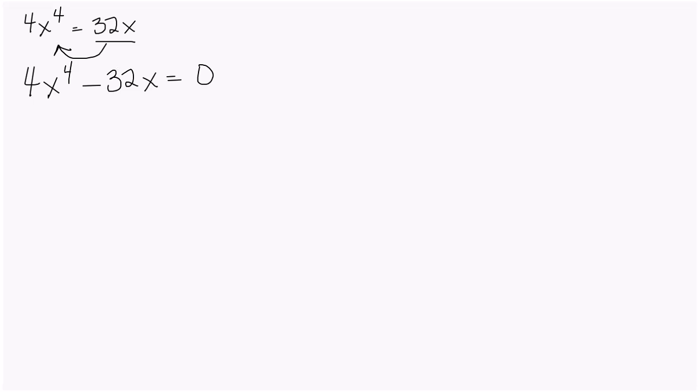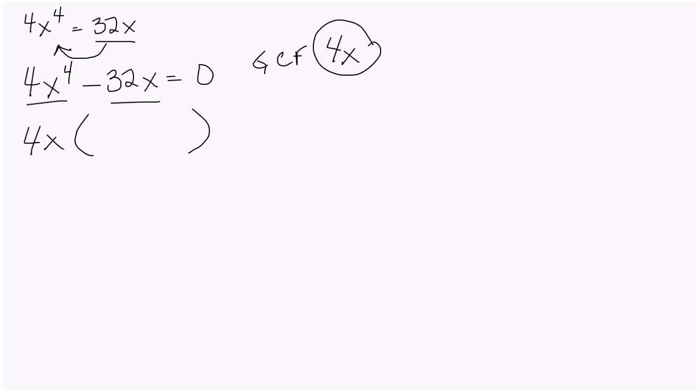Once you get this far, you're going to pull out the greatest common factor, and the greatest common factor for both this term and this term is going to be 4x. It's common to both. So I'm going to pull that out of the expression, and what I'm left with inside is x to the power of 3, and the reason for that is that 4x times x to the power of 3 is 4x to the power of 4.